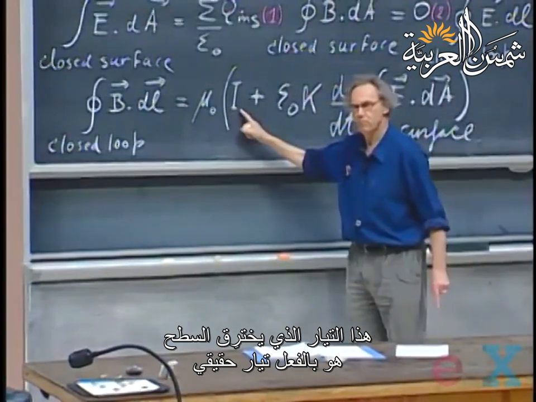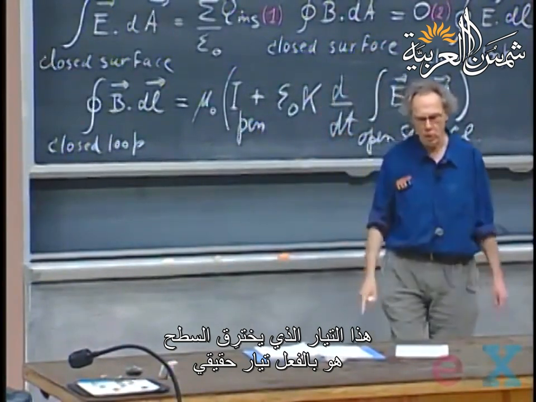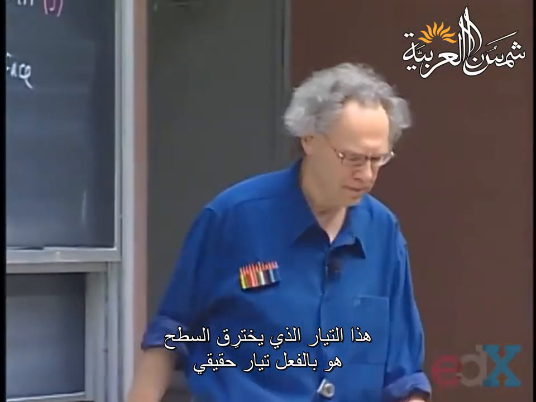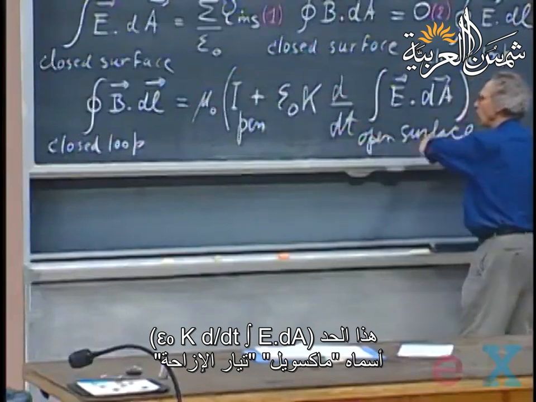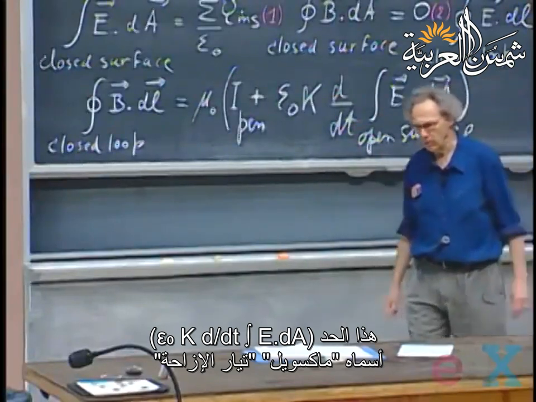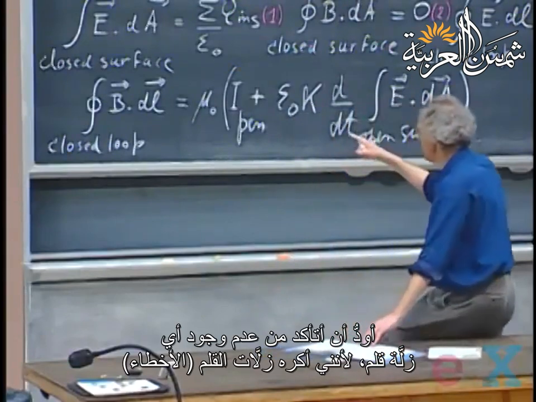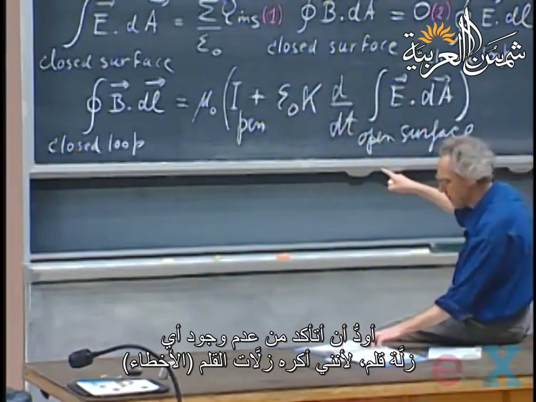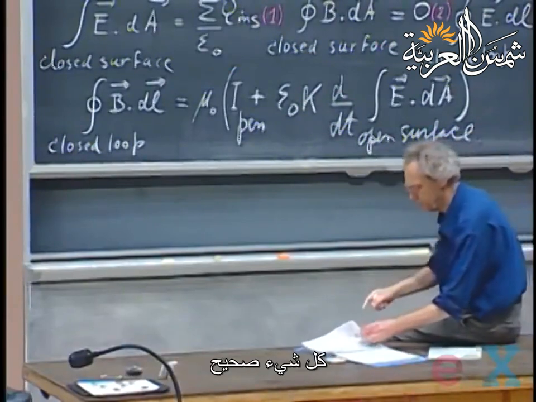This current, which is the one that penetrates, remember, through the surface, is really a real current. This term here, Maxwell called displacement current. I want to make sure that I have no slip of the pen, because I hate slips of the pen. That is correct. I have everything in place.